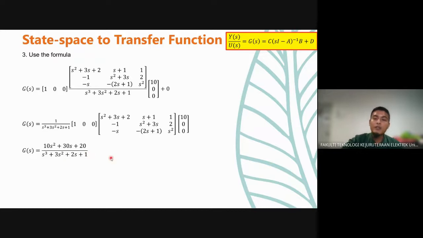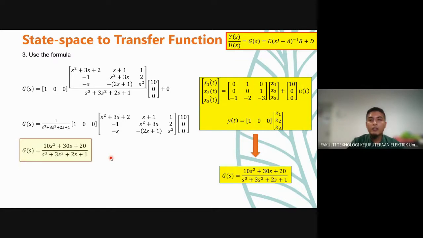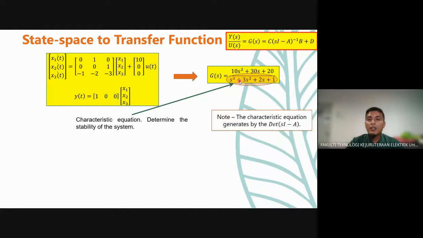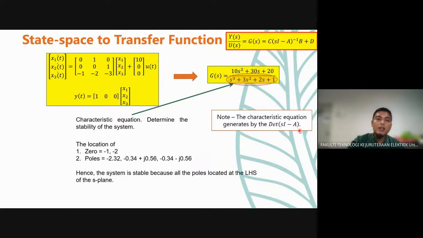Based on the transfer function, we can calculate the pole location by looking at the characteristic equation, which is denoted by the determinant of sI minus A. This is the characteristic equation, obtained from the determinant of sI minus A only. Then we obtain the pole locations.